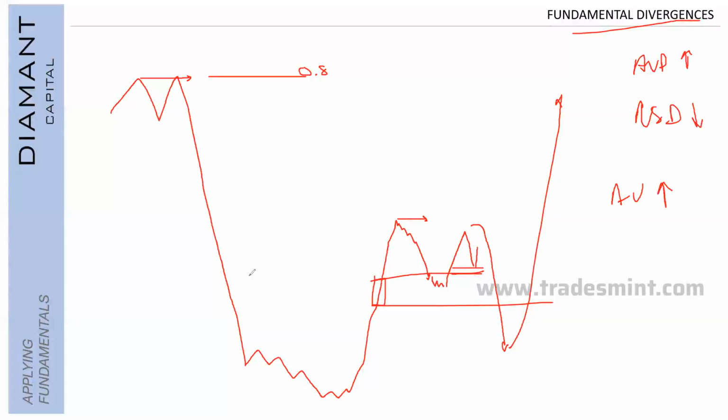You're going to get high probability trades like this because if my fundamentals are backing it, price is unlikely to come back down and take my break-even point or my stop loss, for example. And these are exactly the points that we're going to be looking at.